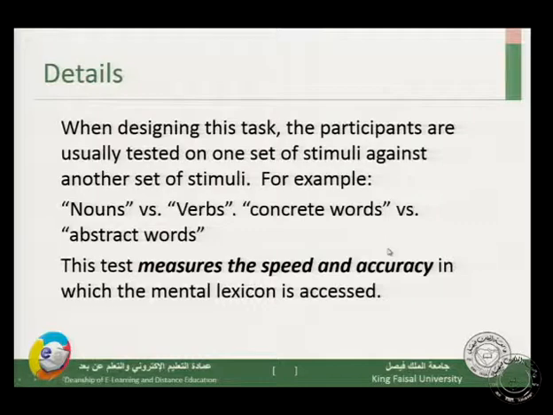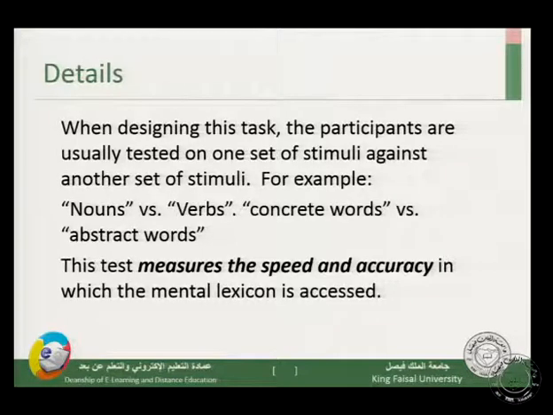We do this in order to compare how the informants do in retrieving or deciding on each set of vocabulary items. This test measures the speed and accuracy with which the mental lexicon is accessed.